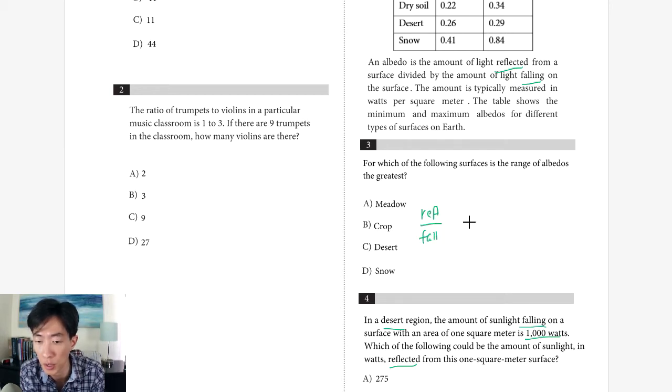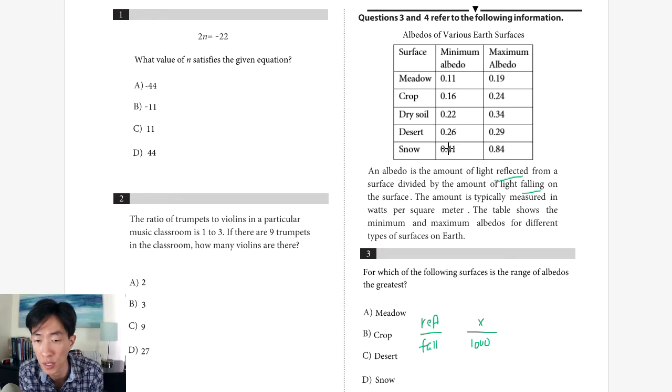In this particular situation, they want the amount of light reflected, and we know that the amount of light falling is 1,000, and it's in the desert region, so we have to look at the chart to see what the number of albedos is. From a quick glance, we see that desert is around 0.26 to 0.29, so technically that's going to be a range. I'm going to write 0.29 because that's close to 1/3. And now let's look at the answers.